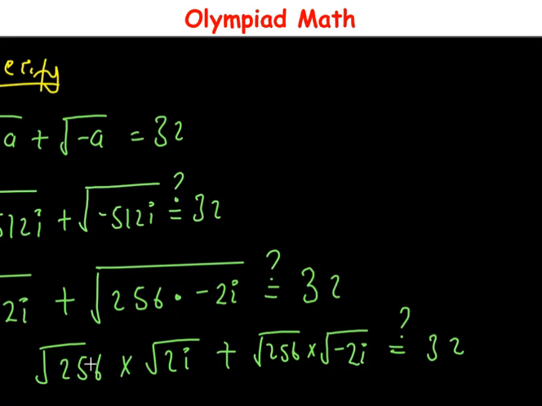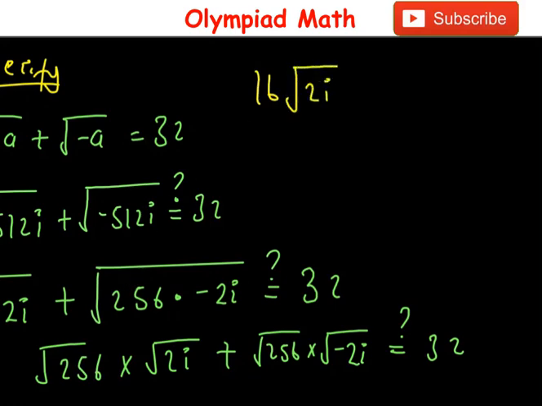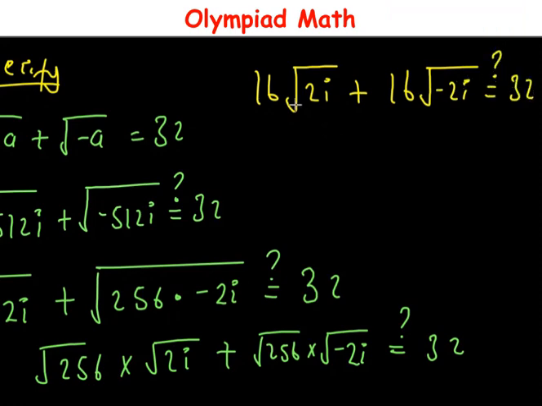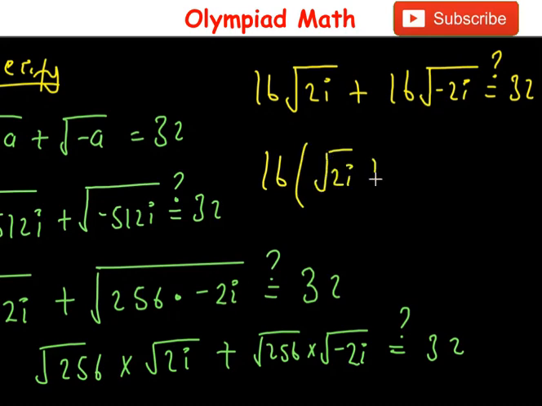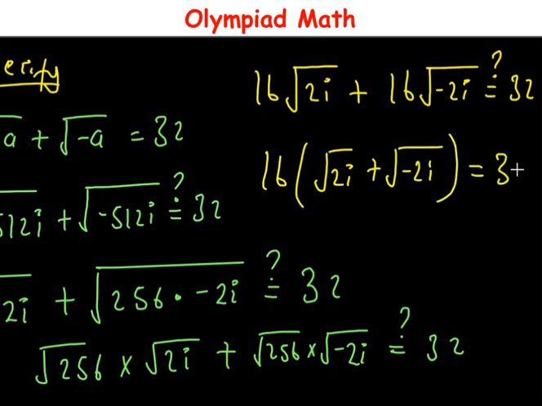From here, root 256 is equal to 16, then times root 2i, plus 16 times root minus 2i, with this equal to 32? So factorize out 16 from this: 16 into bracket, we are left with root 2i plus root minus 2i, equals 32, question mark.